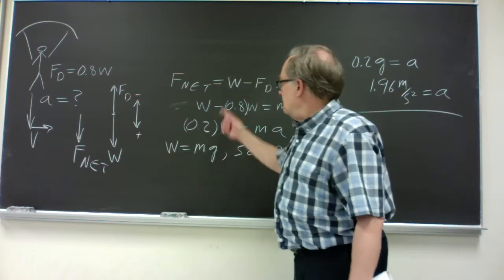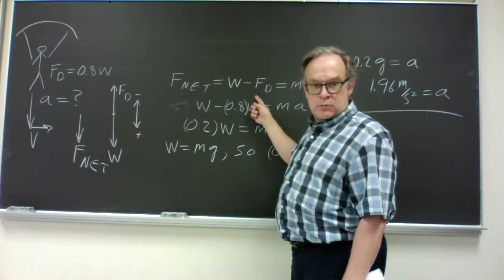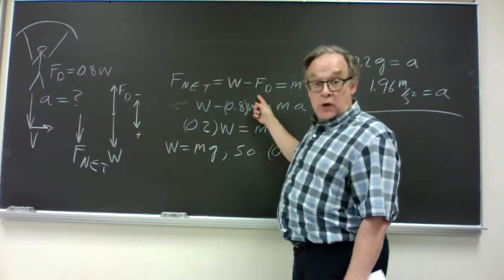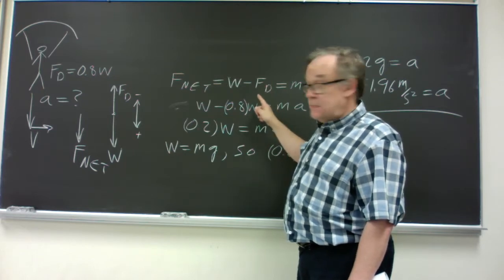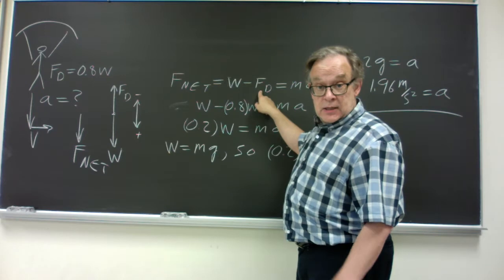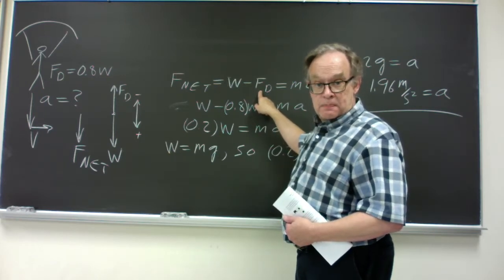In this case, there's only one force in the positive direction, and then we subtract the one force in the negative direction. Notice what I'm doing here. Fd is the magnitude of the drag force.